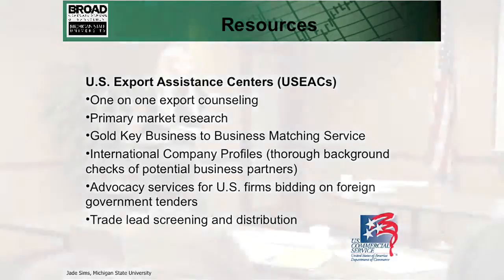But if you call up the Department of Commerce, you call up your USAC, and say, I am heading to France in 2 months, and I need to meet with companies that sell office furniture. What they will do is set up 3 to 4 appointments in a single day for you to meet with companies that sell office furniture in France. It's a pretty nice deal, right?